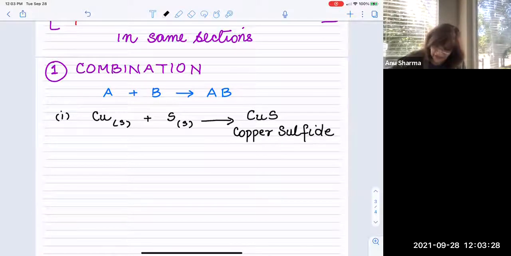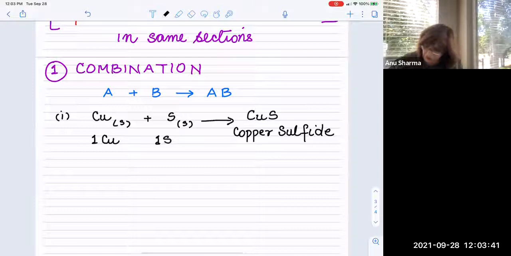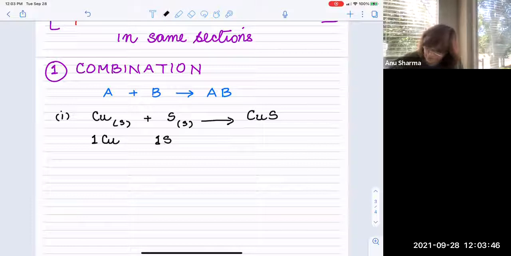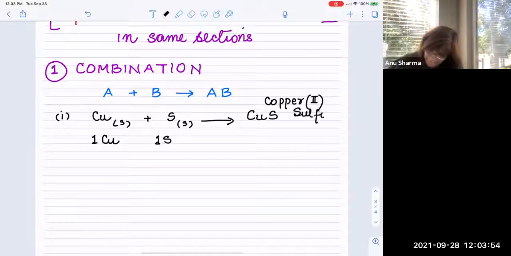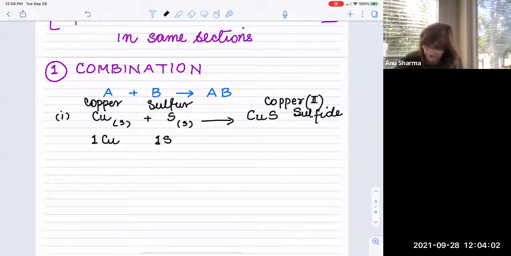So here you see one atom of copper. Now, instead of writing atom all the time, I'm going to just put it like this: one atom of copper and one atom of sulfur are giving you copper(II) sulfide, which is also a solid.